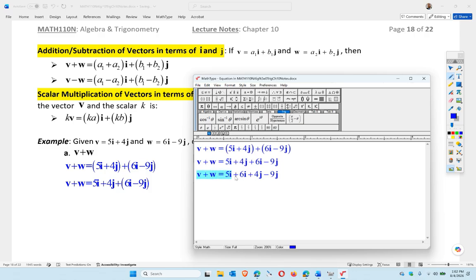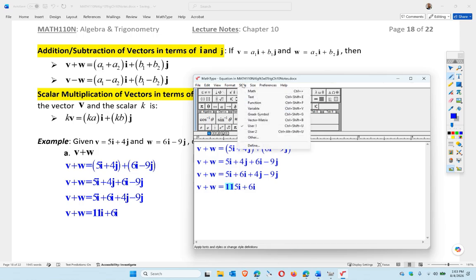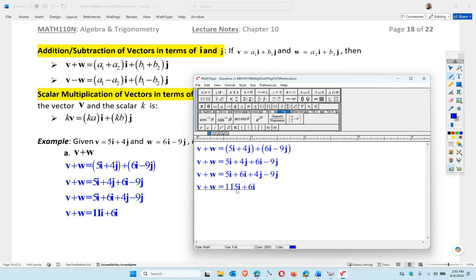Okay, so the result being, that'd be 11i, right? Style, math. There we go. 11i, right? And then minus 5j.